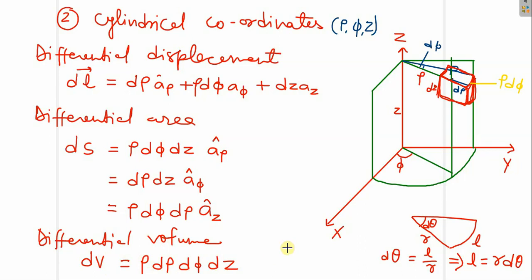So this is the differential volume in the cylindrical coordinate system. In this way we can represent the differential elements in Cartesian and cylindrical coordinates. Now the differential elements in a spherical coordinate system we will discuss in the next class.